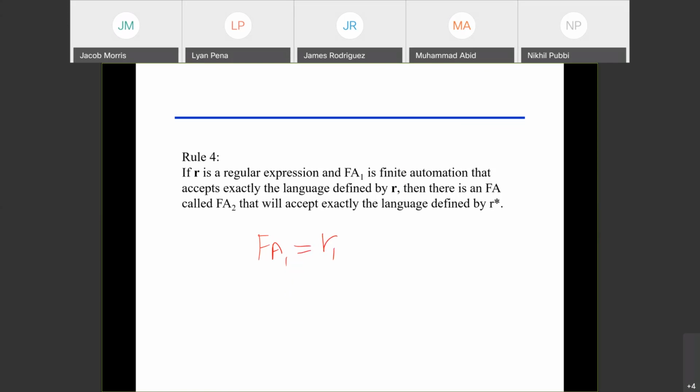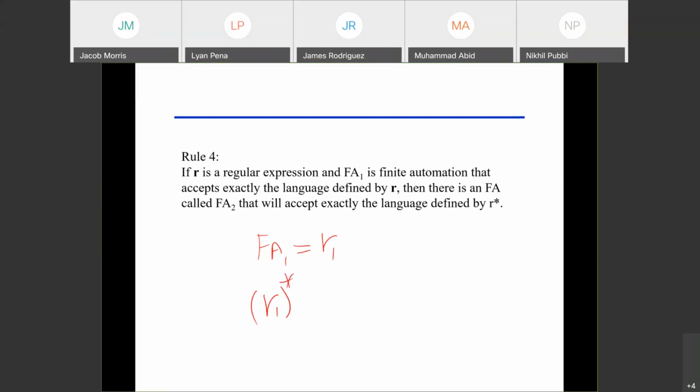And now if someone asks you, can you please find the Kleene star property of this regular expression? So what does it mean? They are interested to find R1 star.